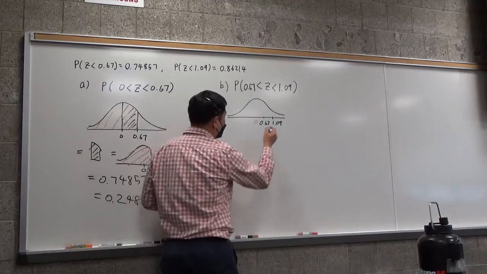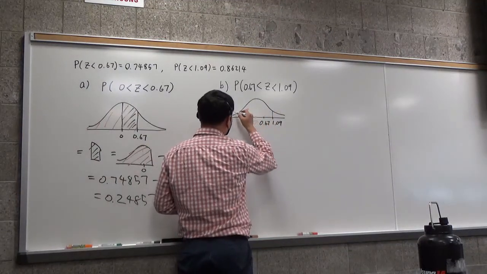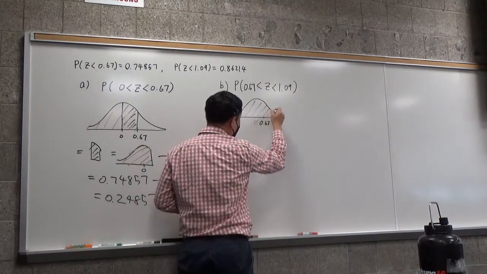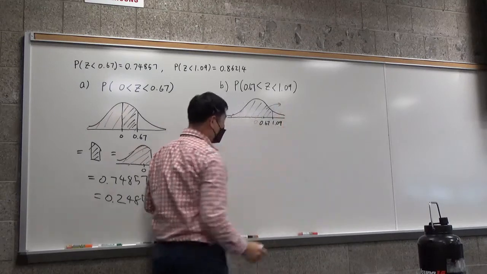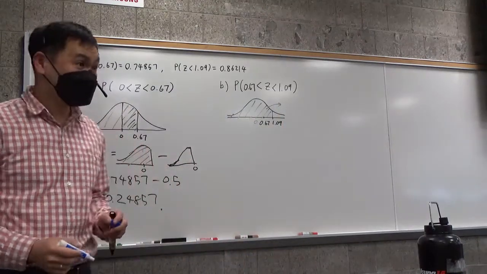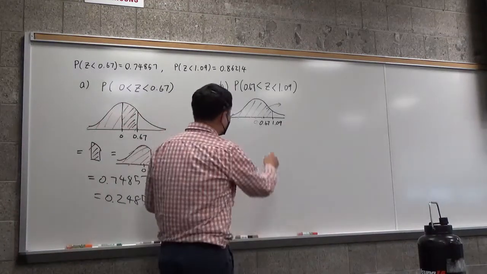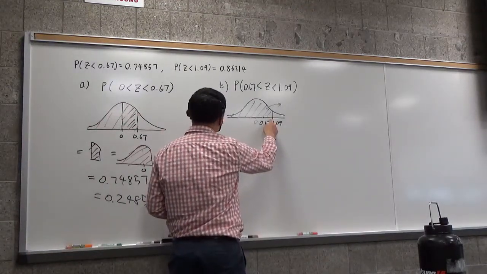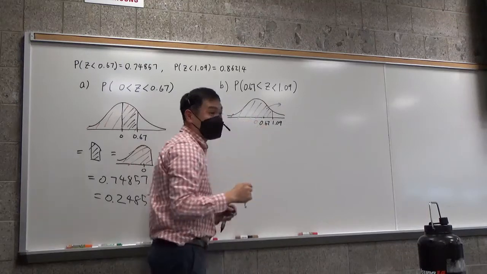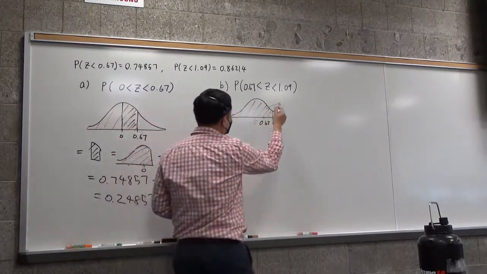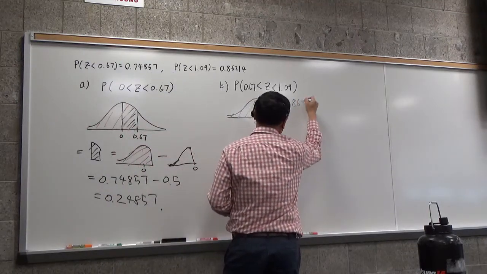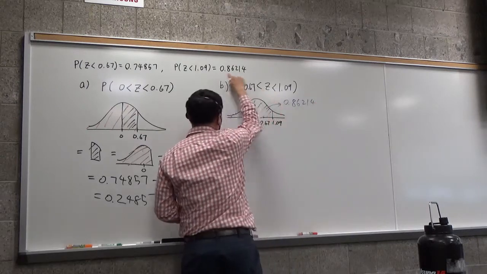I know this blue one, what's this area? 0.86214, right? This value here is the area.